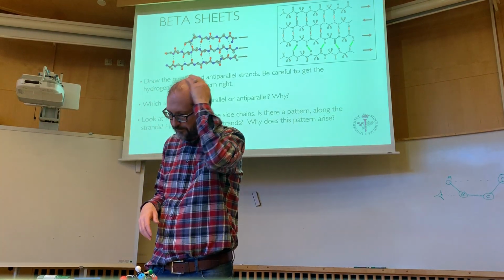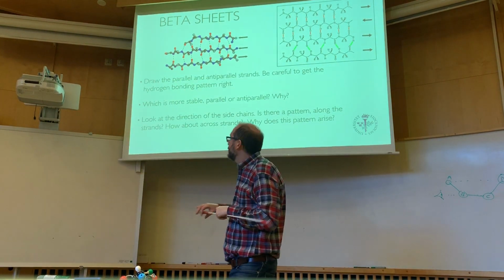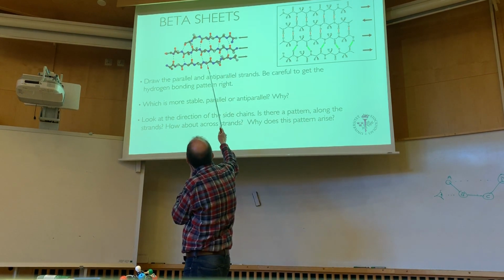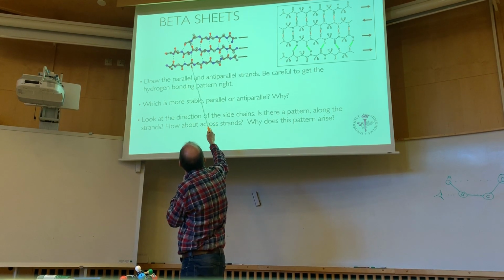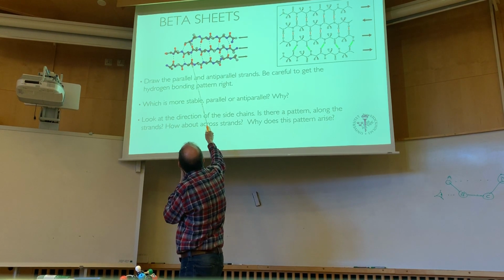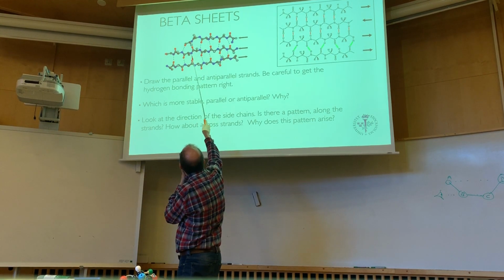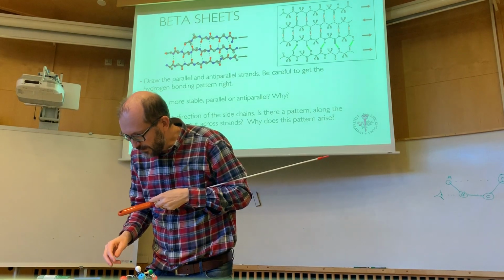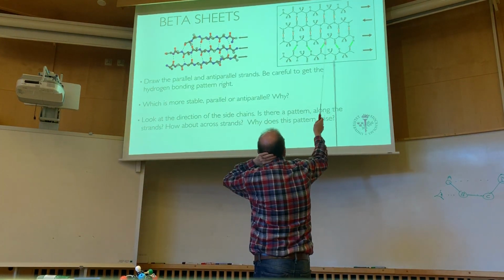And so for example, we have beta sheets. So beta sheets are interacting with each other by hydrogen bonds across strands, and what you're looking at is a hydrogen bonding interaction between this carboxyl oxygen and this amide nitrogen, and these are going to line up actually really nicely.